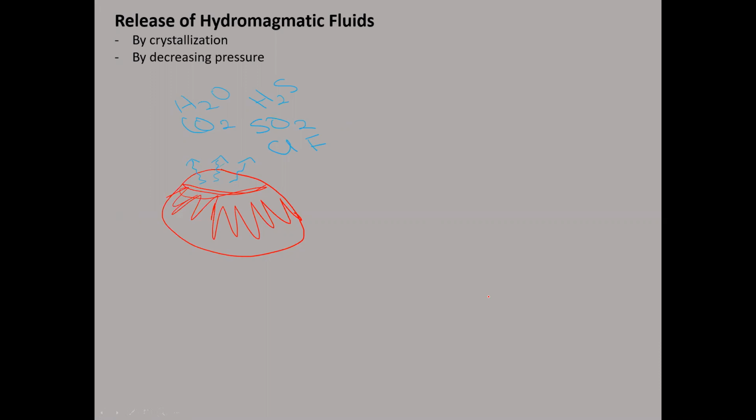Our other way of releasing fluids is if we have a magma chamber or a body of magma at depth, and that magma moves upwards, right, through a conduit, a dike, and intrudes perhaps a little higher up, okay, then what we can see is that release of pressure, so that pressure decrease, okay, decreasing pressure, can also cause the release of fluids.